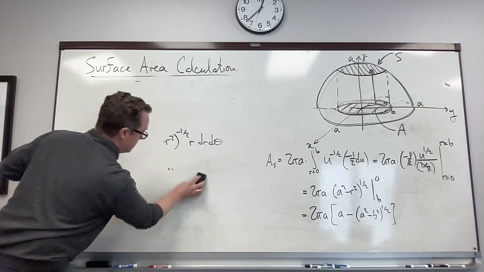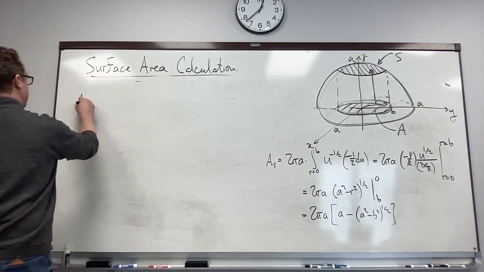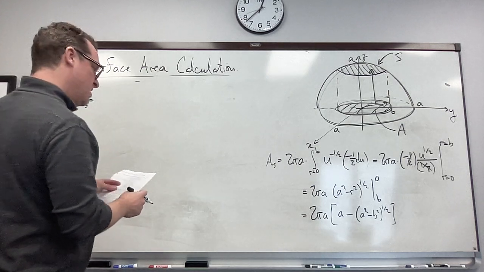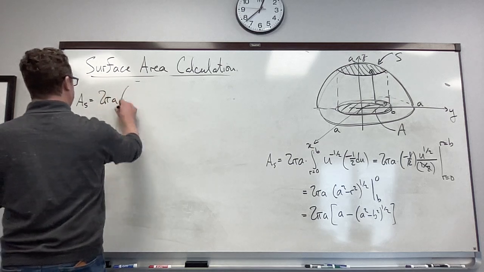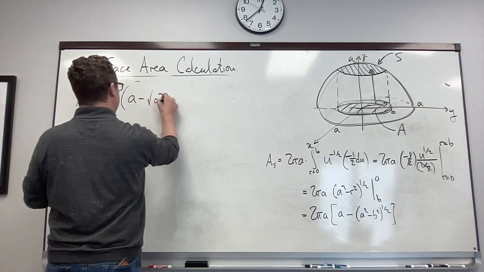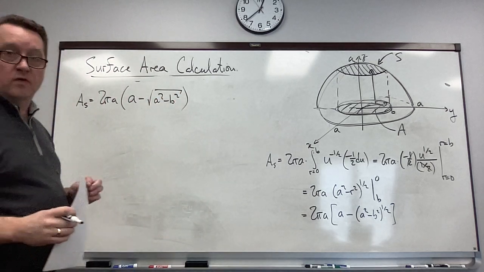So I'll just work on this form of this solution a little bit before we finish. So this AS would be, I'll just write it again here: 2 pi a minus square root a squared minus b squared. That's a fine answer right there.